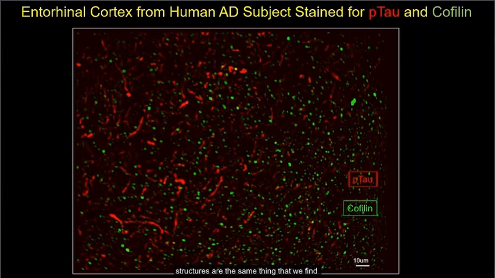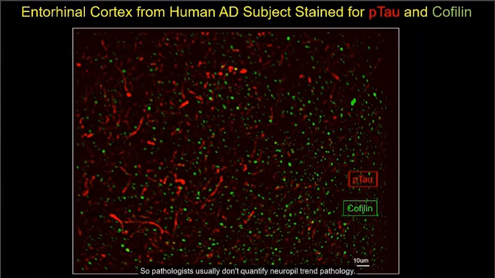These neuropil thread structures are the same thing that you find in the neurofibrillary tangles, except these are out in the neurite processes. The neurofibrillary tangles come off of the cell body. So these are a lot less obvious than neurofibrillary tangles, so pathologists usually don't quantify neuropil thread pathology.